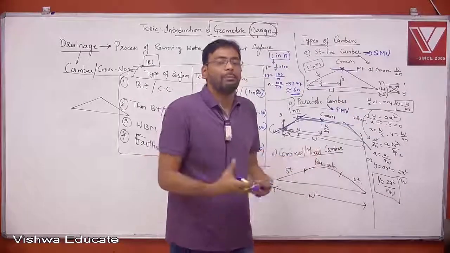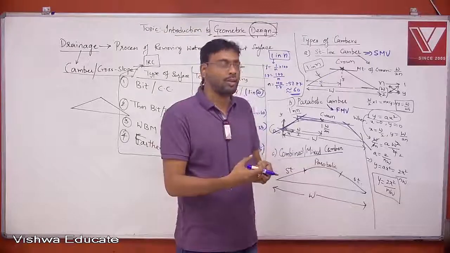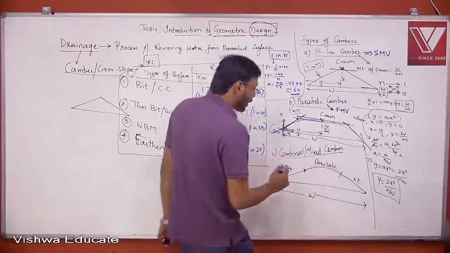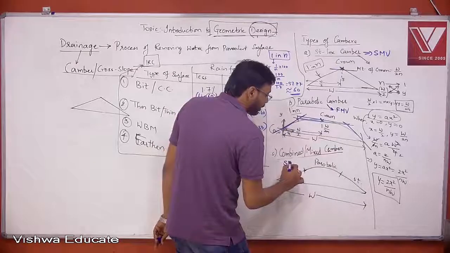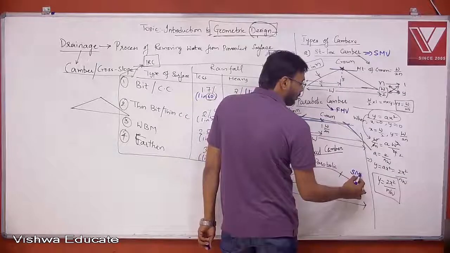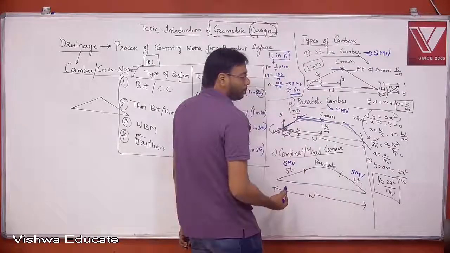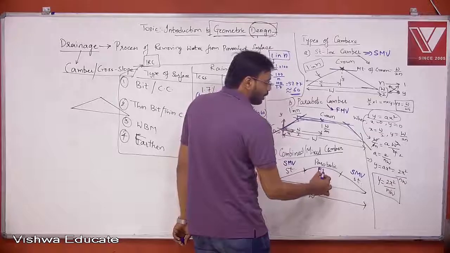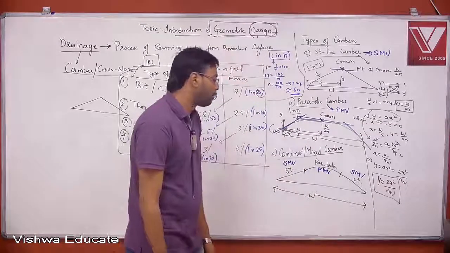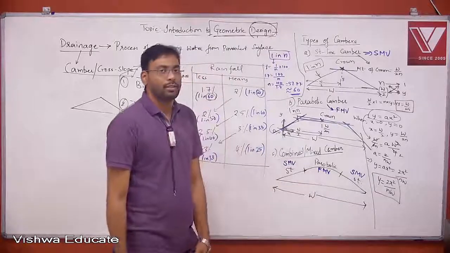Then I combine these two things in the combined or mixed camber. The straight line part is used by slow moving vehicles, and fast moving vehicles will be occupying the center part. So the parabolic part will be used by fast moving vehicles.